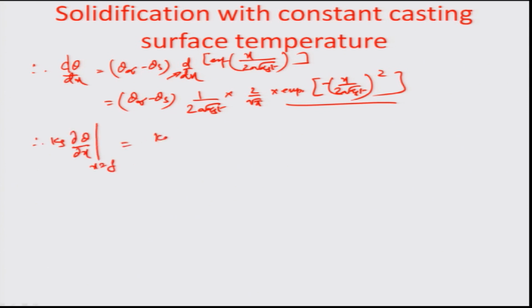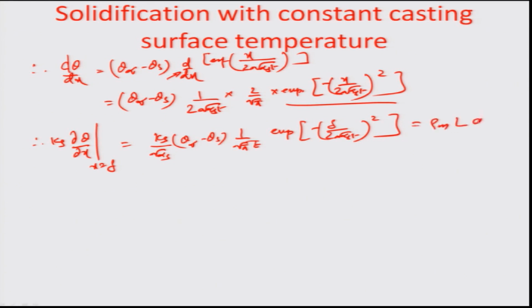We can actually put this as Ks by root of alpha s times theta infinity minus theta s times 1 by root pi t, exponential, and this becomes minus delta by twice root alpha s t squared, and that can be equated to rho m L d delta by dt, in order to find out what is going to be the d delta by dt in this particular case.